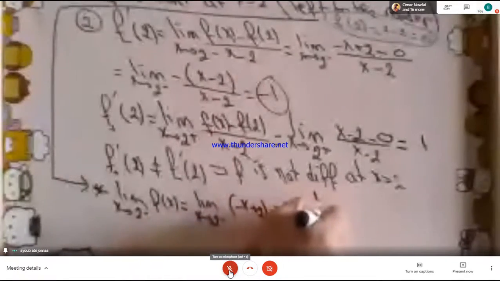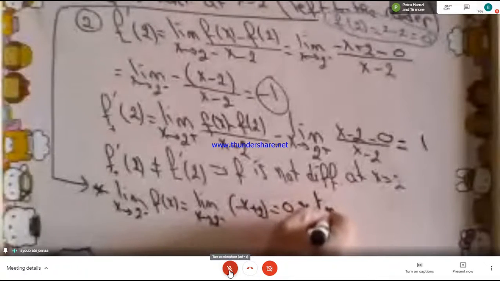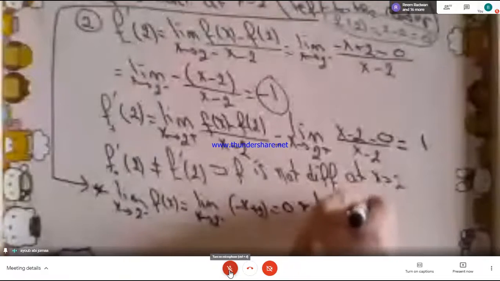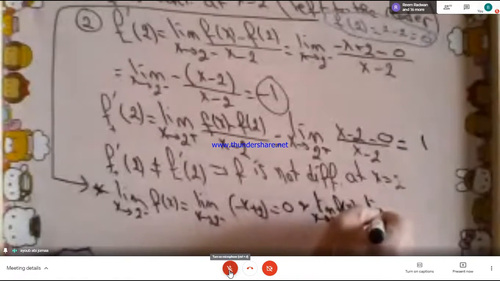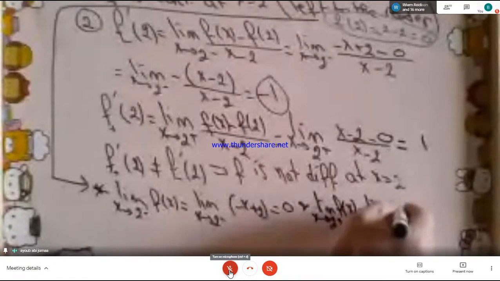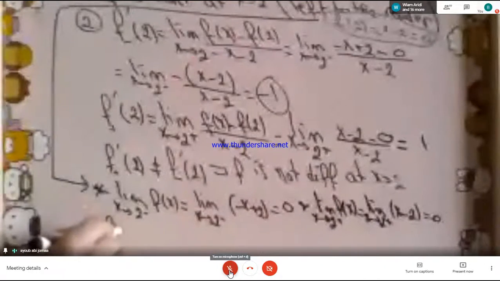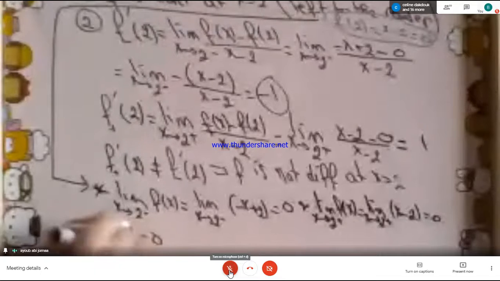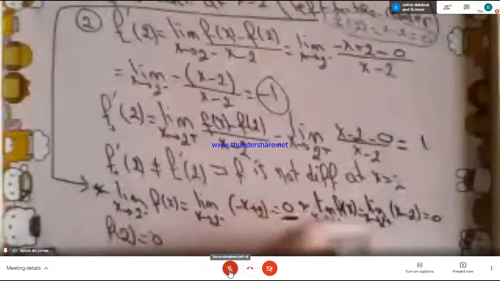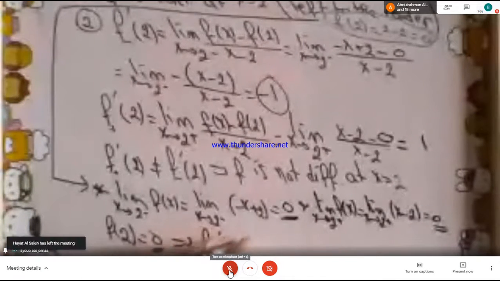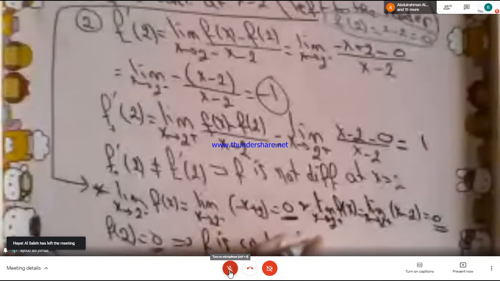And limit as x approaches 2 plus of f of x. It is the limit as x approaches 2 plus of x minus 2. It is 0. And moreover, f of 2, it's 0. We have 3 equal values. That means that f is continuous at x equal 2.